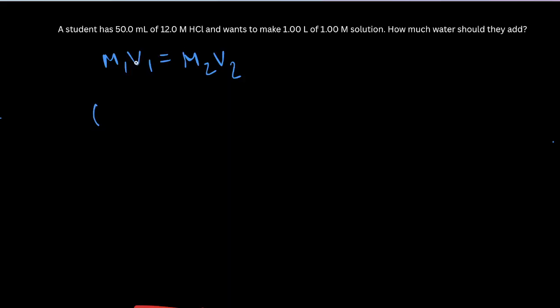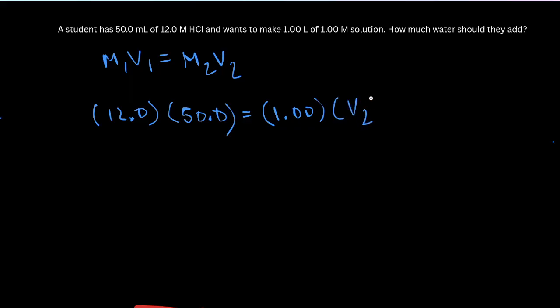M1 is 12 and our V1 is 50. And now we want a 1 molar solution, right? So that's our M2. And we want to find out the volume here. So that is our V2. Okay, as before, how can we manipulate this to isolate V2?